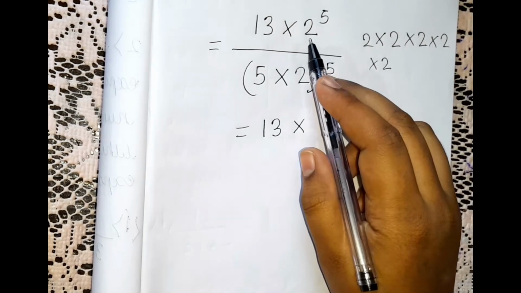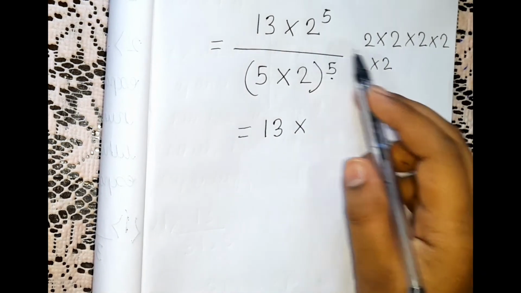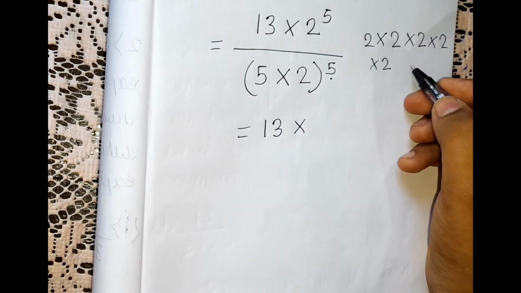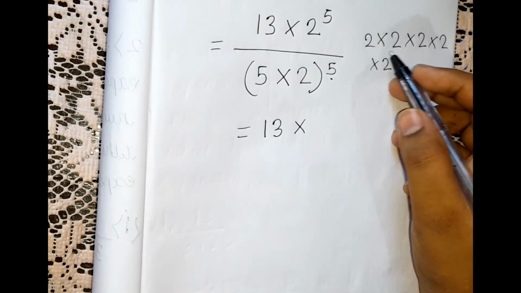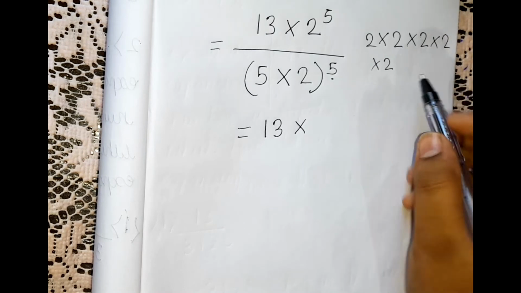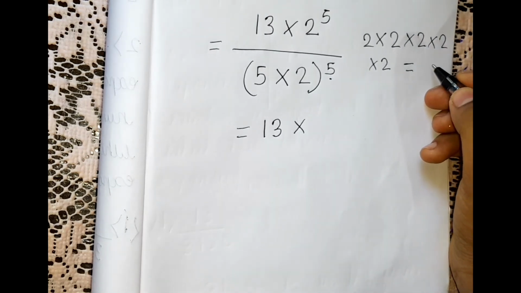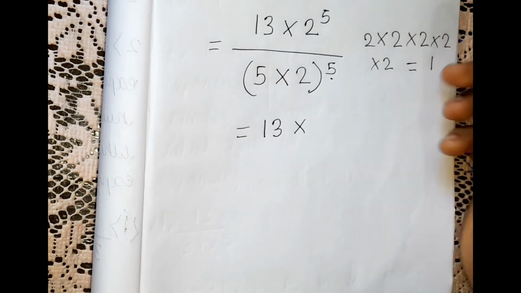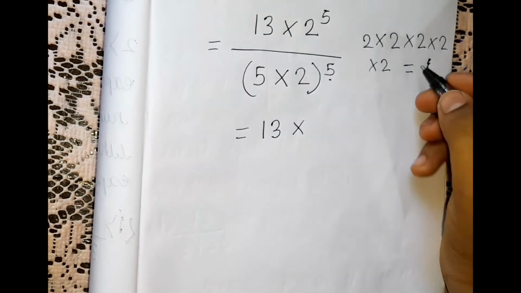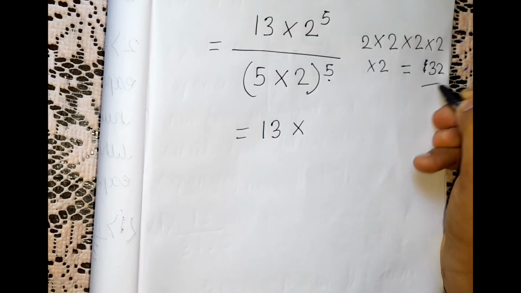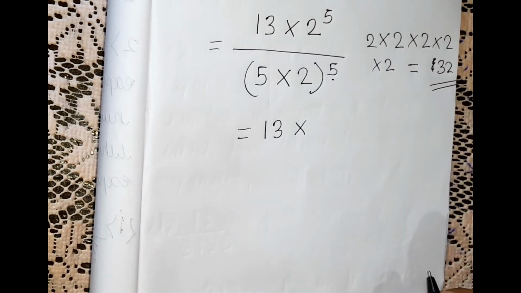So totally we should write 2 five times. So I wrote 2 five times. When we do the multiplication, we get the answer 32. Okay, so finally we got 32.